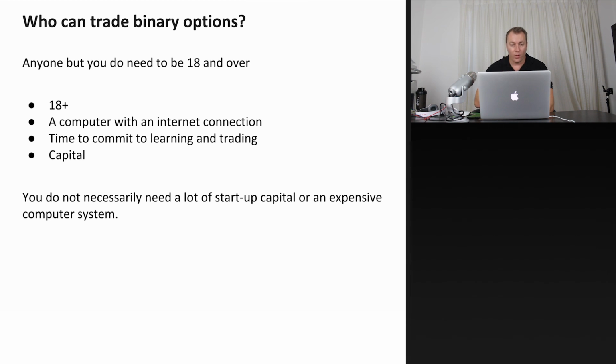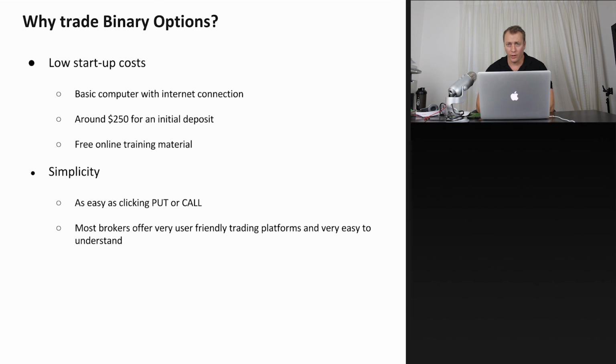So why trade binary options? These are the reasons why we trade binary options. It's low startup costs. All you need is a basic computer with an internet connection, and around a 200 to 250 initial deposit to get you started. There's tons of free online training material, including my website, binaryoptions.net.au, and also my YouTube channel.